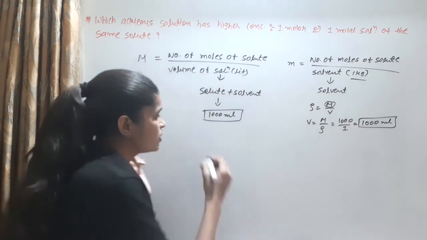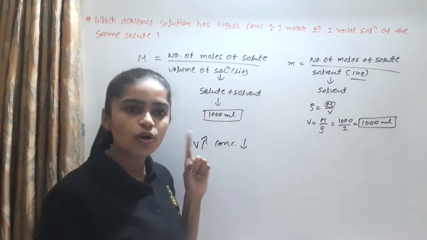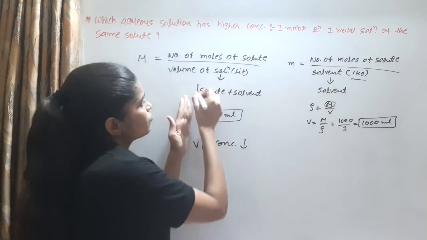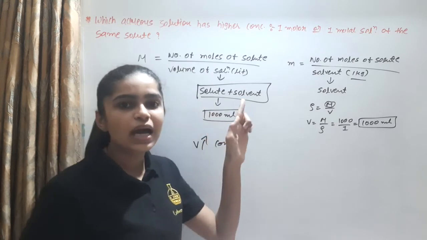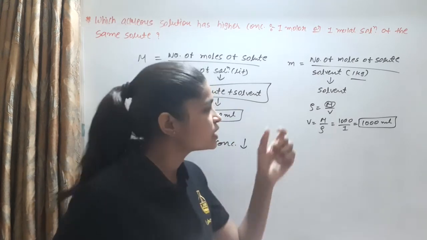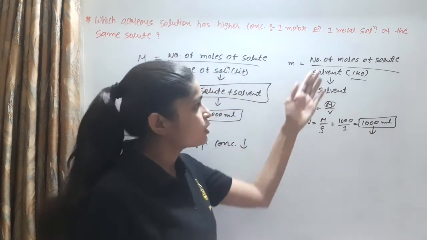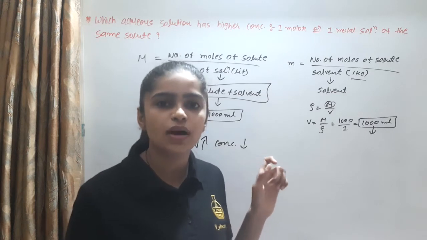We know that when volume increases, concentration decreases. In molarity, the total volume, solute plus solvent, is 1000 ml. But in molality, only the solvent volume is 1000 ml. The solute volume is different, but only the solvent volume is 1000 ml.